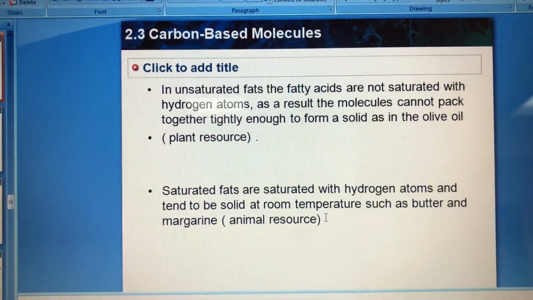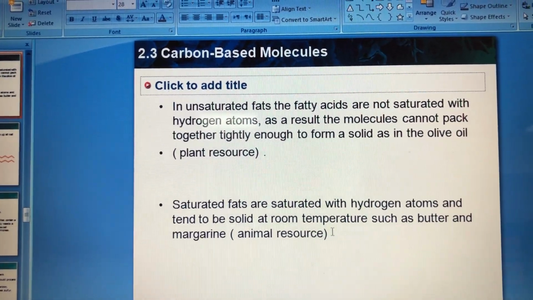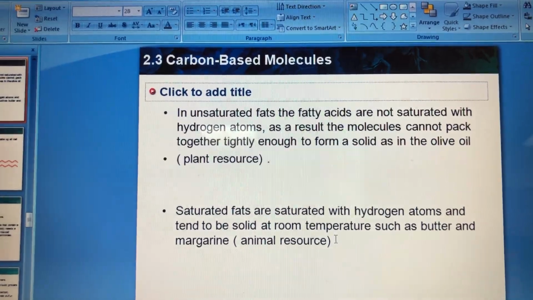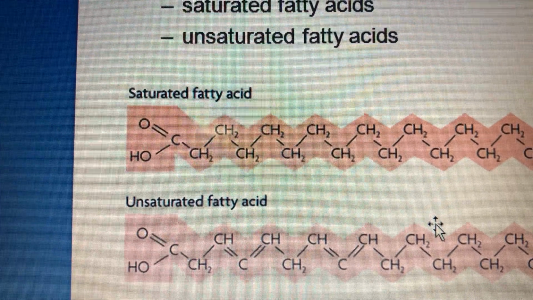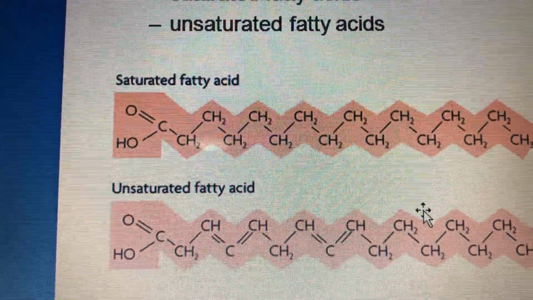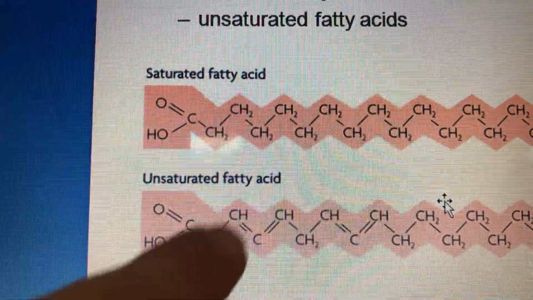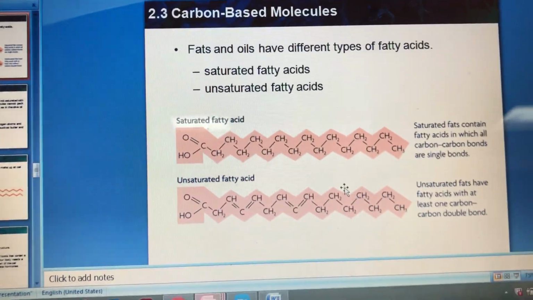Unsaturated fats are not saturated with hydrogen atoms. Saturated fats are saturated with hydrogen atoms. Can you see here? They have more hydrogen atoms than the unsaturated. Look, this one has less hydrogen. Okay?